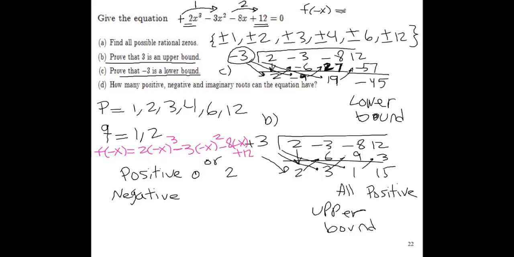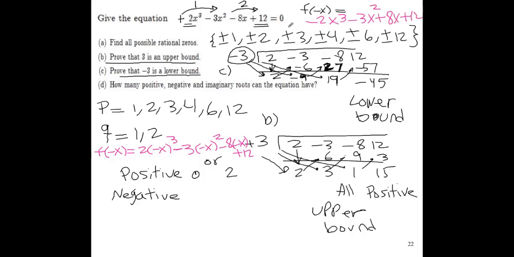So this would be equal to minus 2x to the power of 3 minus 3x to the power of 2 plus 8x plus 12.